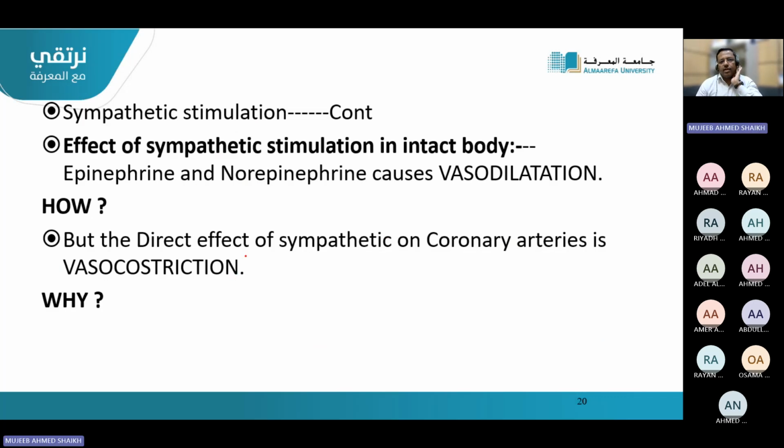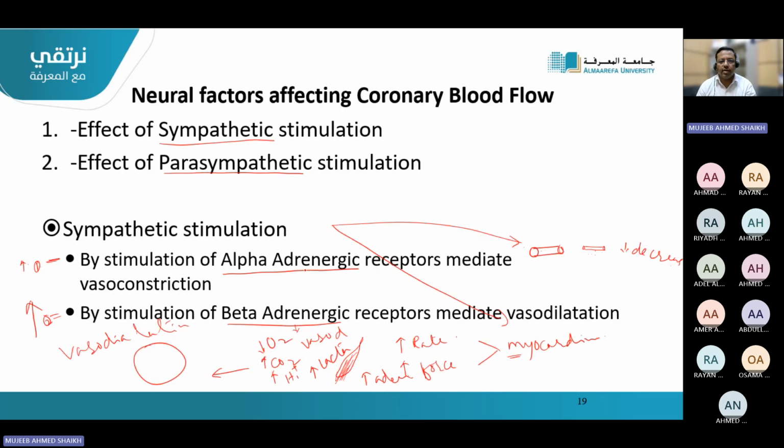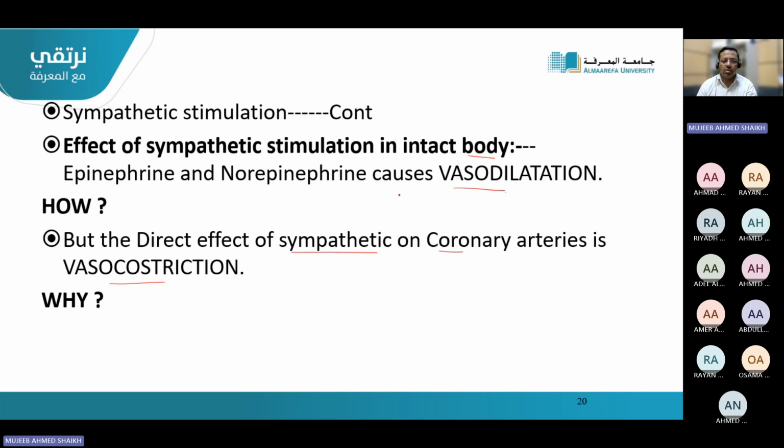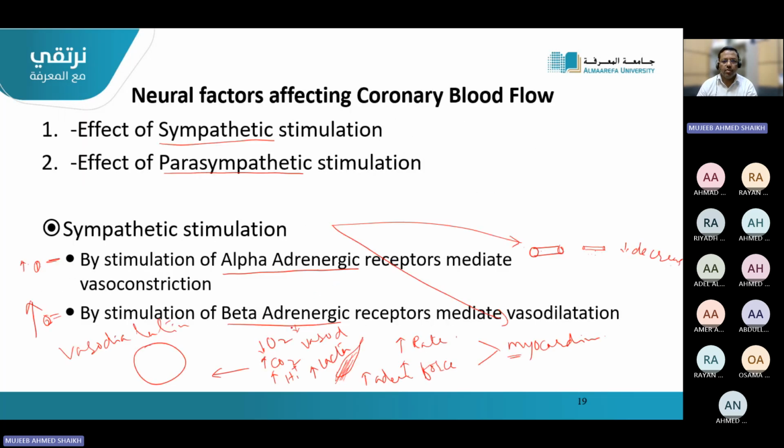Okay, here it is showing the effect of sympathetic stimulation on the intact body is vasodilatation, but the direct effect of sympathetic stimulation on the coronary artery is vasoconstriction. Why? Because it is acting through the alpha adrenergic receptor. But indirectly it is causing vasodilatation because of beta adrenergic receptor stimulation through muscle metabolism.